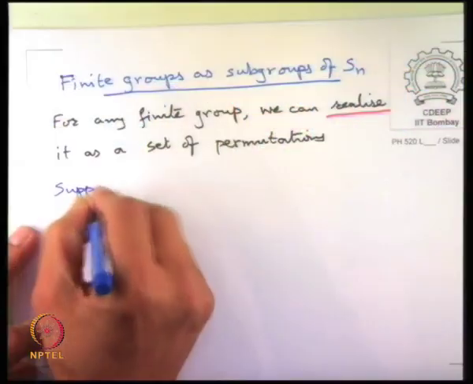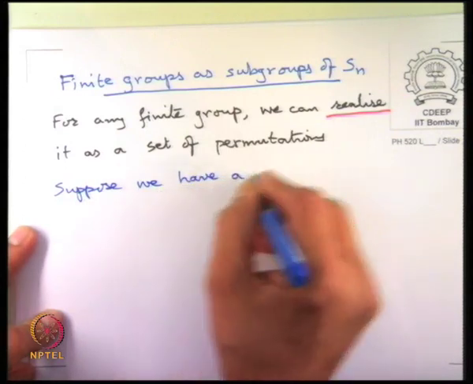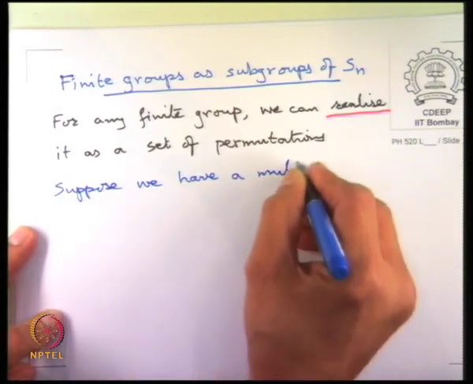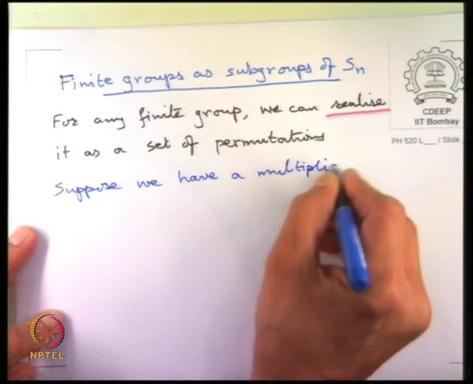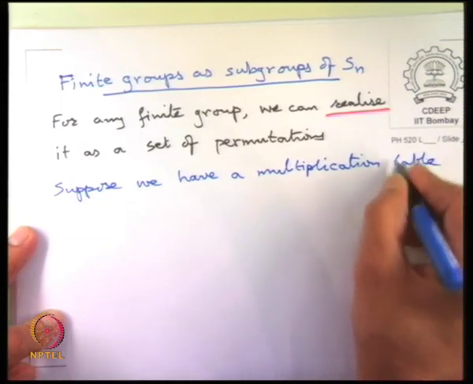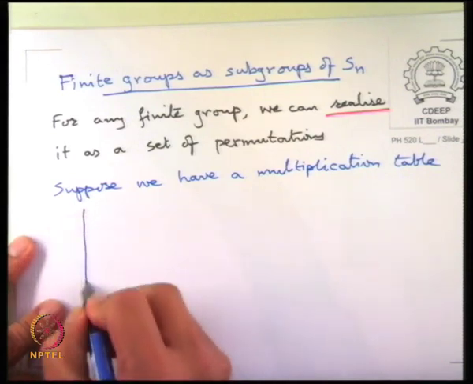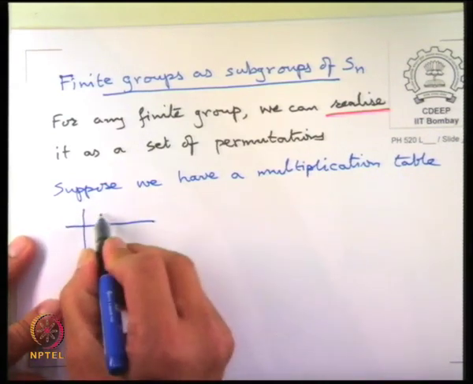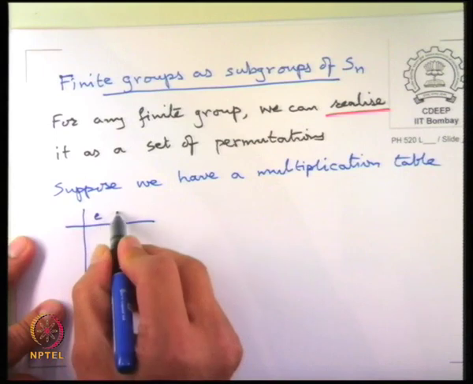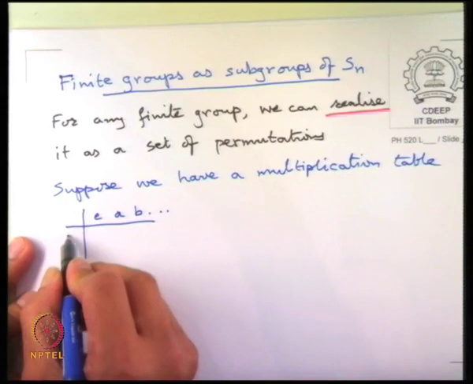So suppose somebody hands you a multiplication table, where we have been writing like this, and we have some E, and how shall we label the things, A, B, C. Okay.